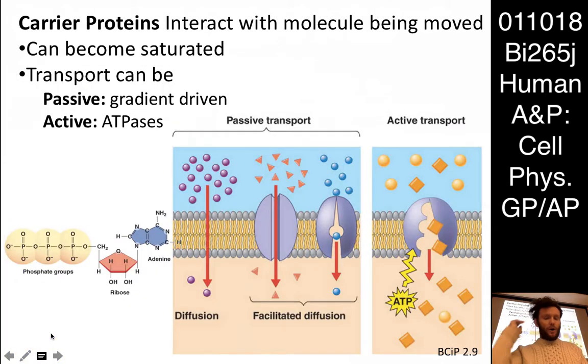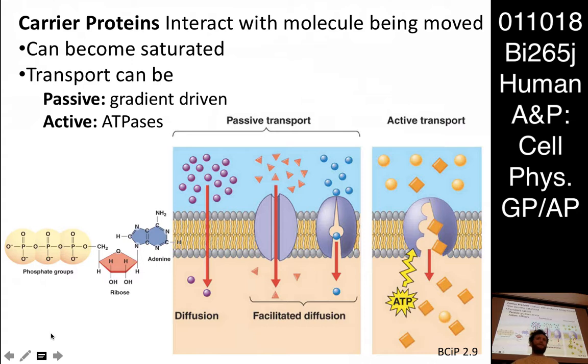All right. So I already said that carrier proteins interact with the molecule being moved. A couple things. Since they're interacting with it, they can become saturated. Meaning, say you had, has anybody gone to, I'm sure many of you have gone to a crowded, popular sporting event or a concert, or even just at the dining hall during lunch rush or something like that.